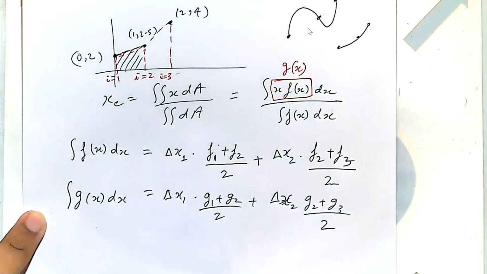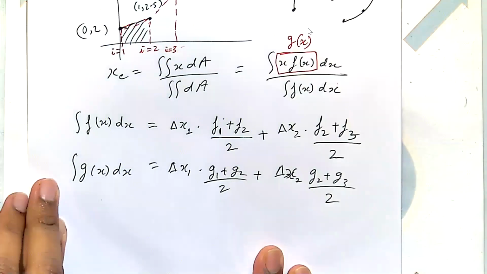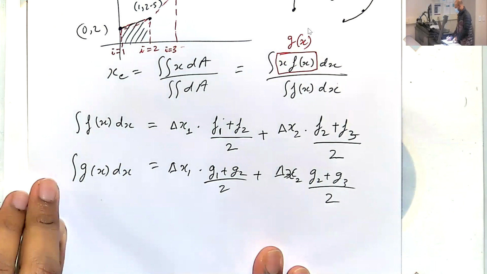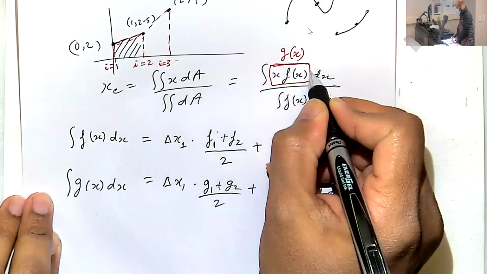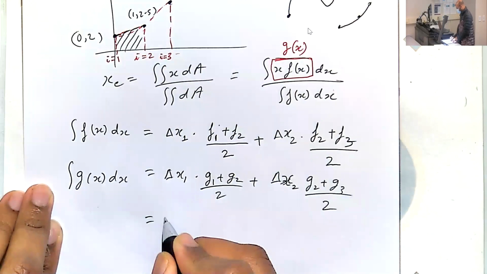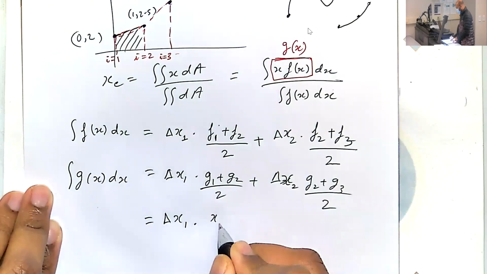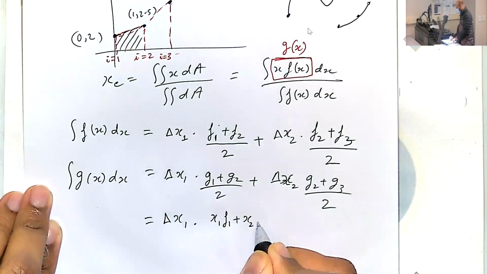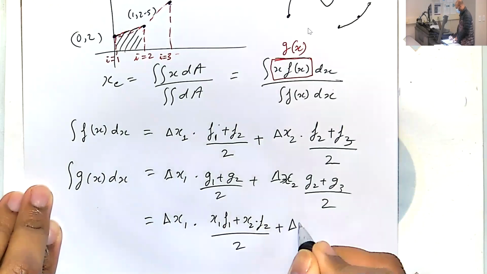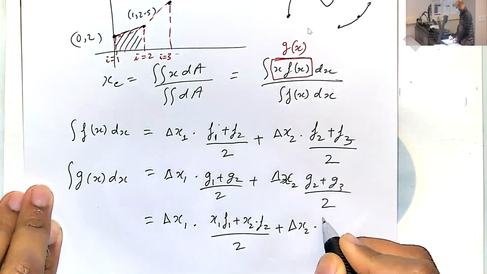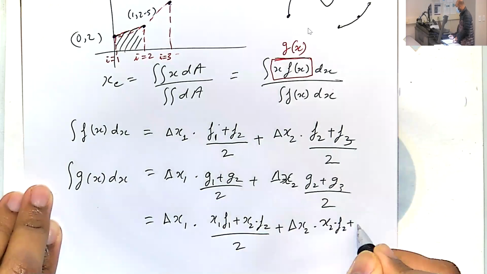Yes, but that makes sense. But what's G1? I mean, here is what you said G1 should be. So we go one more step and we say x1 f1 plus x2 times f2 over 2, x2 times f2 plus x3 times f3 over 2.